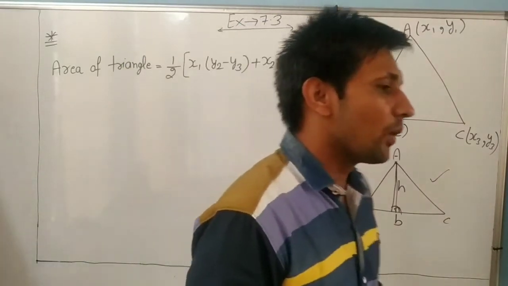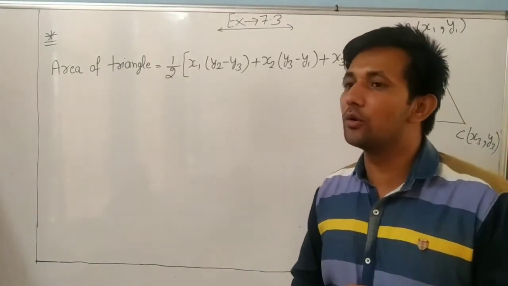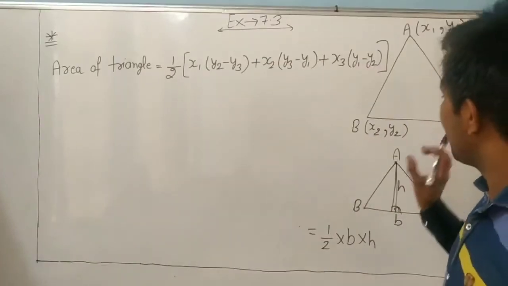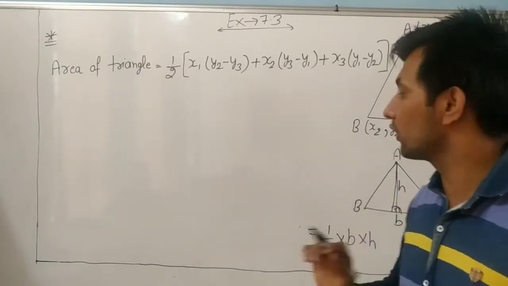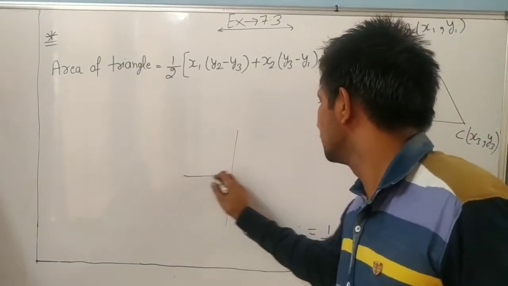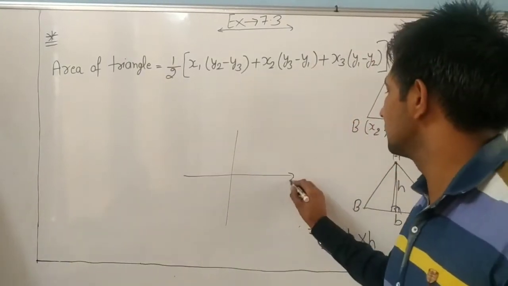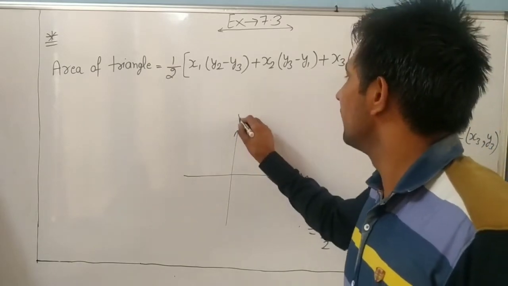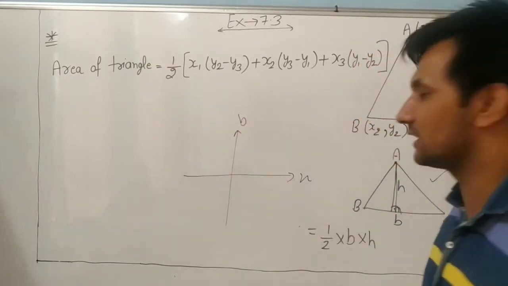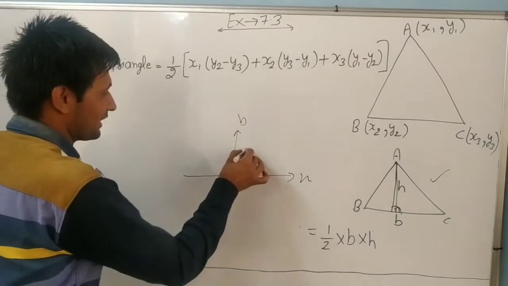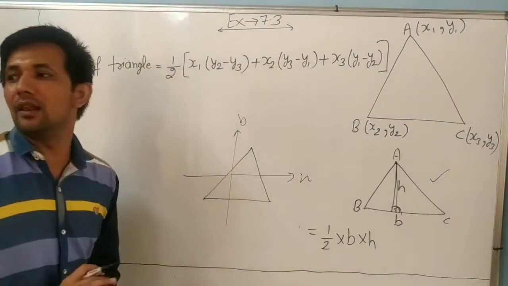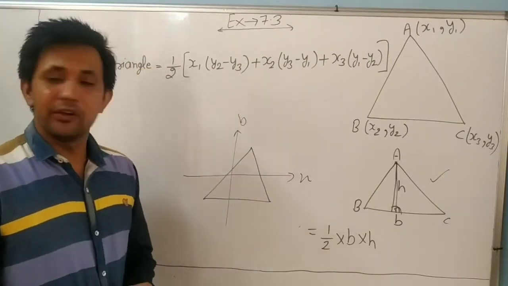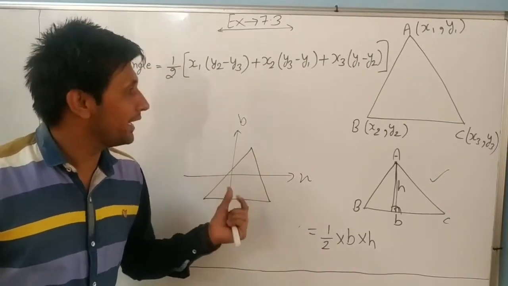But here, whenever we discuss the area of a triangle in coordinate geometry, or in 2D, it is the x axis and the y axis. Suppose there is a triangle like this one in coordinate geometry.